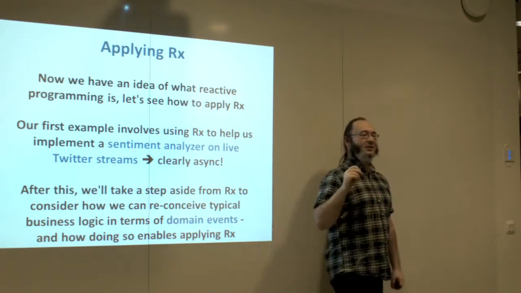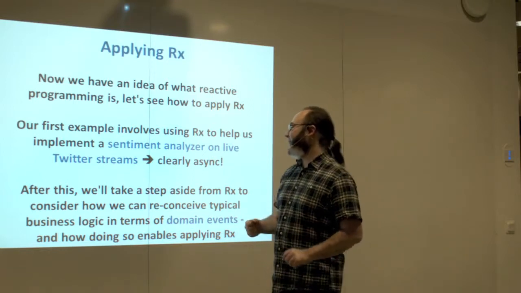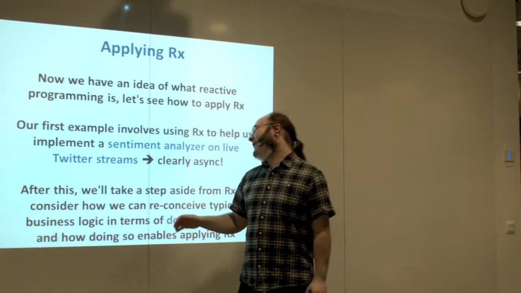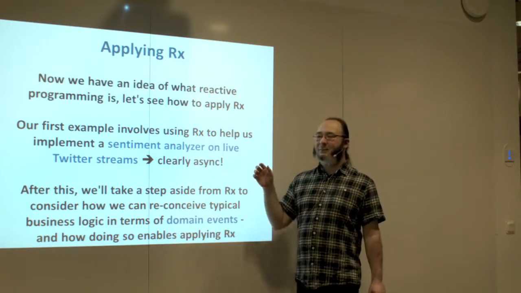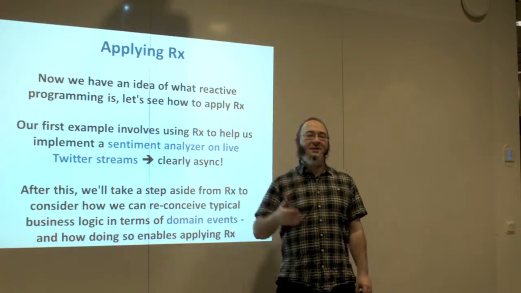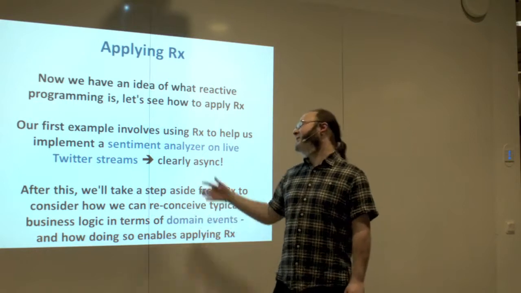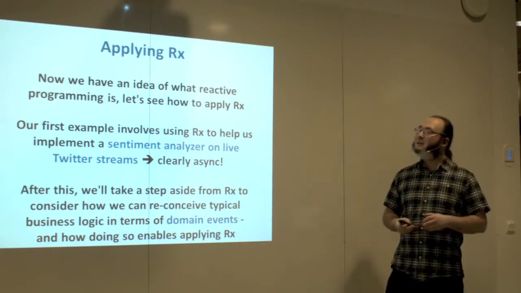We'll try and determine if each of them is positive or negative, and we'll express this using Rx. And then later on, we'll step aside from it, and we'll do a little look through domain events, and then we'll look at how various interesting bits of business logic can then be written in terms of reactive programming as well.